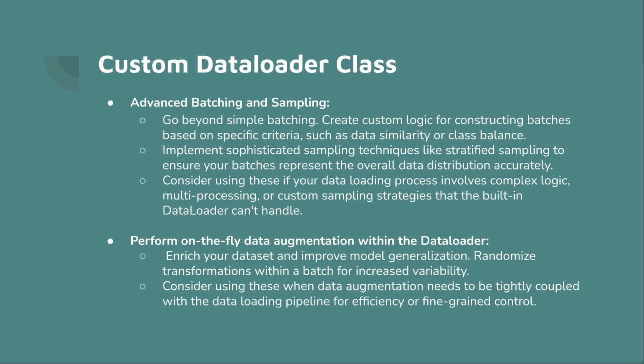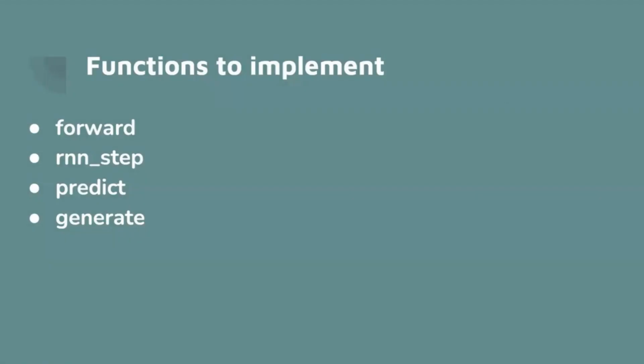Additionally, this can help you enrich your datasets and improve model generalization by allowing for randomized transformations within a batch for increased variability. So you can consider using these when data augmentation needs to be tightly coupled with the data loading pipeline for efficiency or fine-grained control.